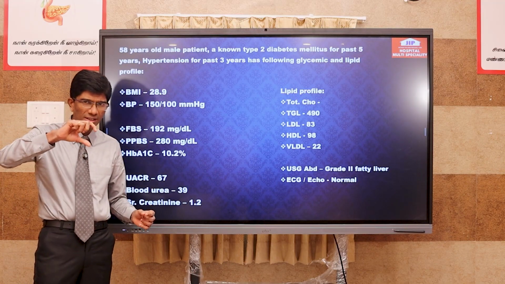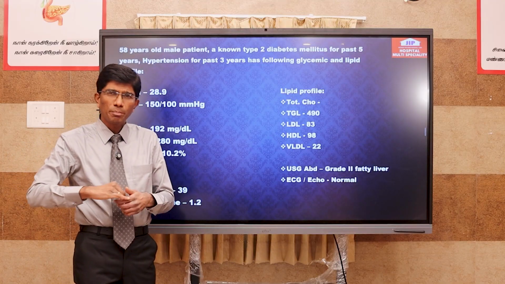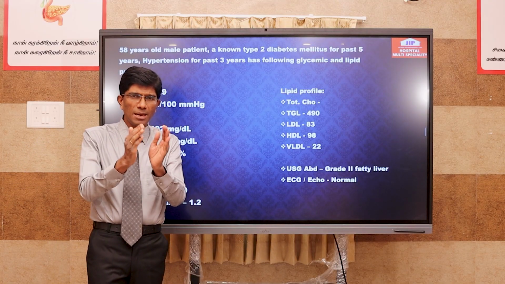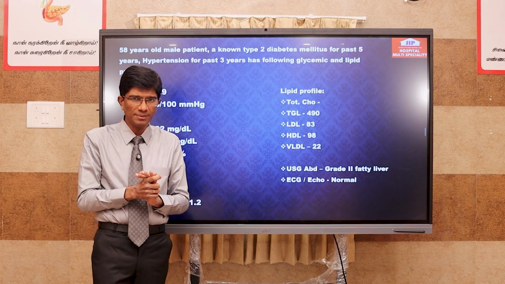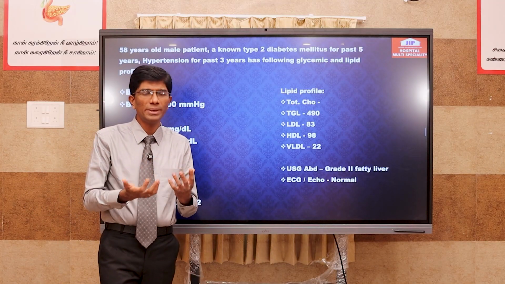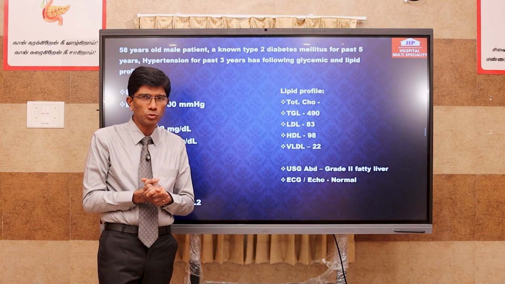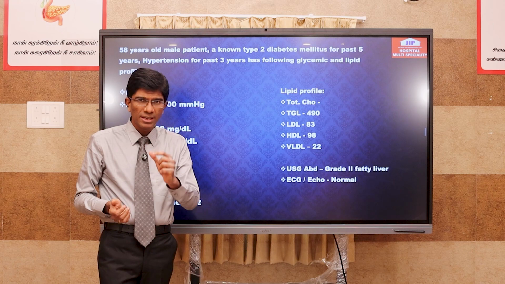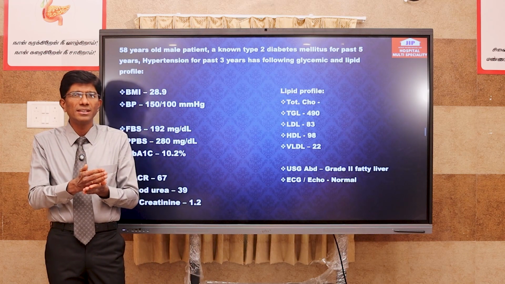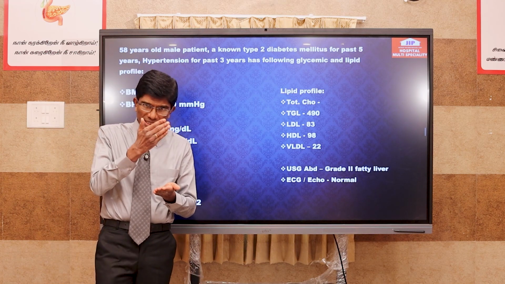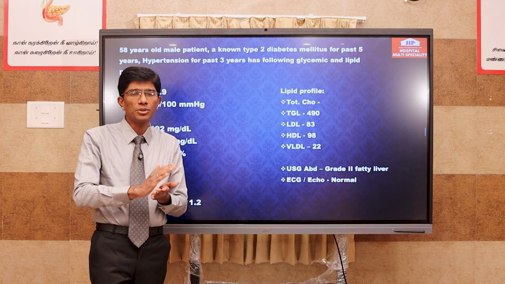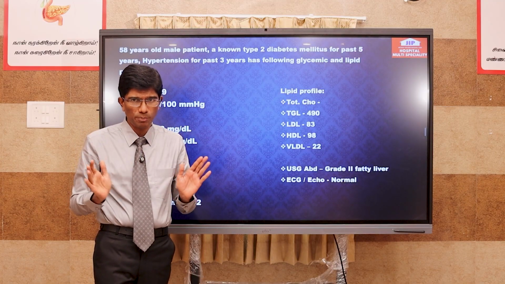That means the patient has albuminuria. Before you conclude albuminuria at the very first visit, the urine albumin creatinine ratio should be repeated 2 or 3 times within 3 months. They should show a consistent elevation of albumin creatinine ratio. Then you can label that patient as having nephropathy.